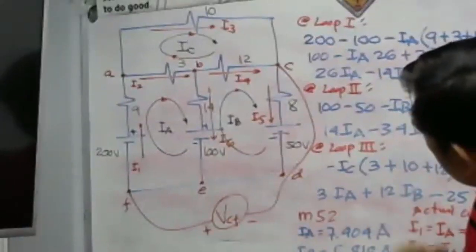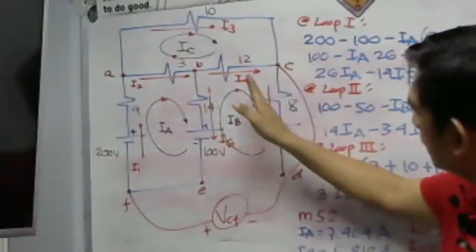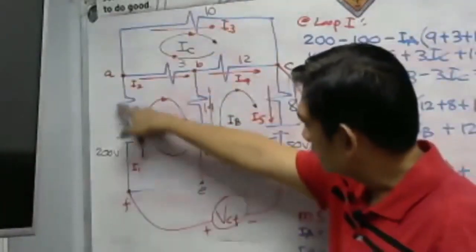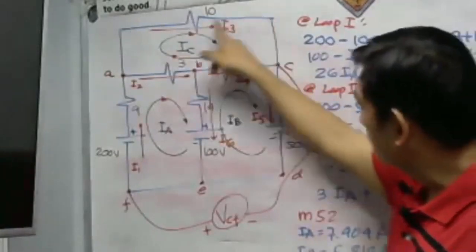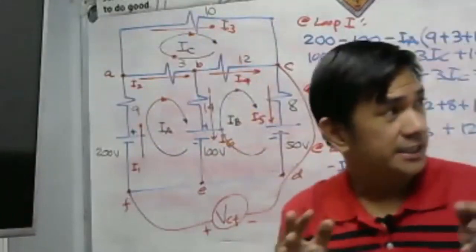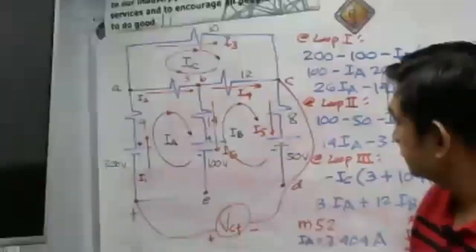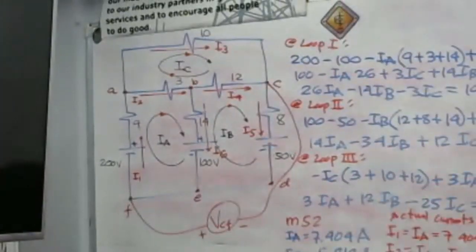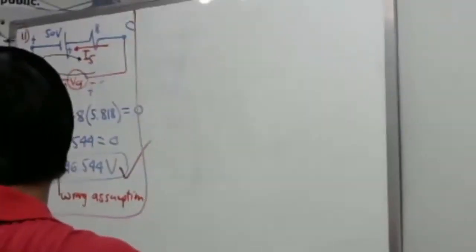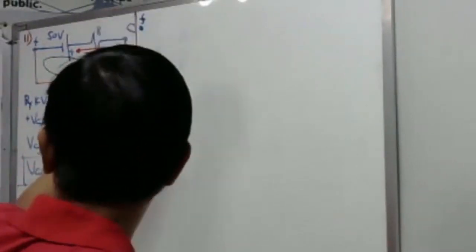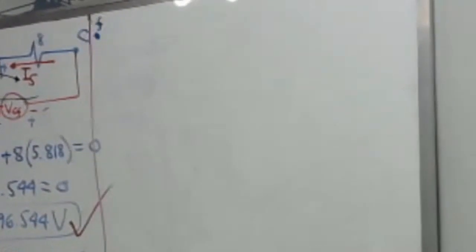I will choose the upper one, the upstream circuit tracing here. I will make use of the 10 ohm resistor here. Let's see if we will have the same answer. I will start with letter F and trace this loop.